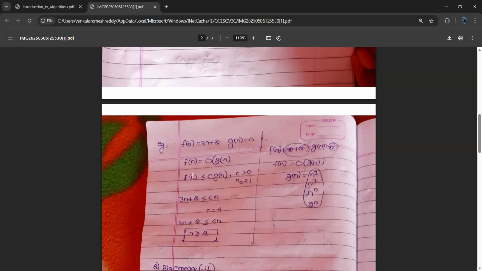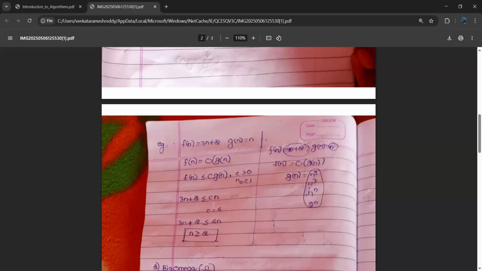Here see f of n is less than or equal to c into g of n. What is f of n? 3n plus 2. So 3n plus 2 is less than or equal to c into n. Now, this condition should be satisfied.